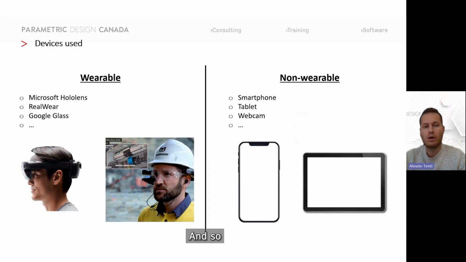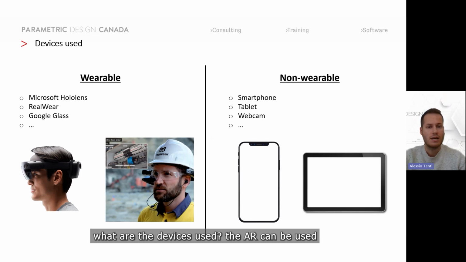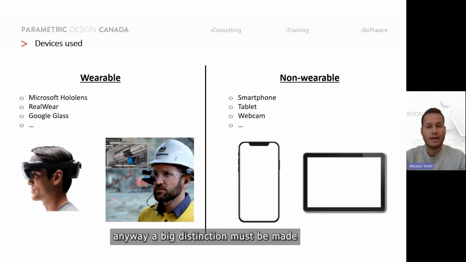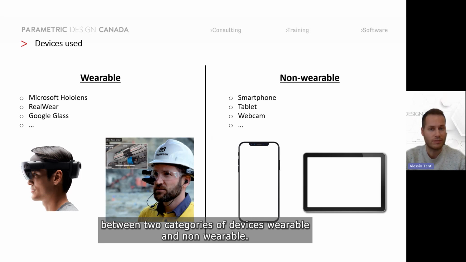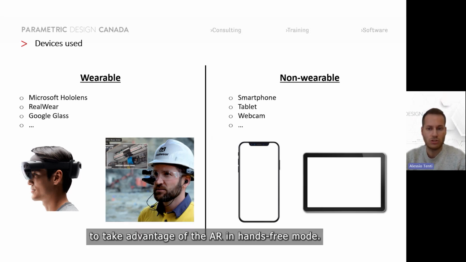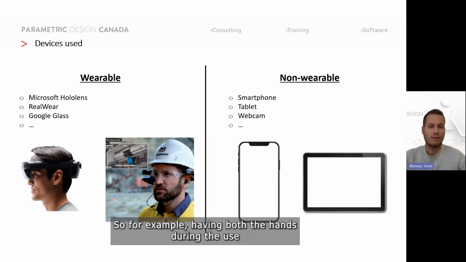So, what are the devices used? AR can be used on a variety of devices. Anyway, a big distinction must be made between two categories of devices: wearable and non-wearable. Wearable devices allow you to take advantage of AR in hands-free mode, so, for example, having both hands free during use.